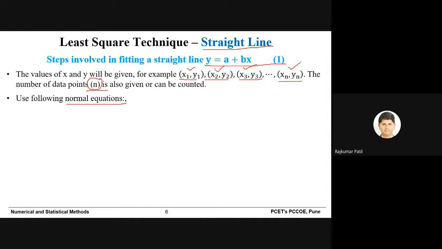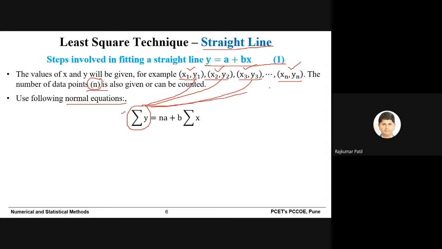The first normal equation that we use for fitting a straight line is summation y is equal to n a plus b summation x. Summation y means in the given data you take the sum of all the values of y.